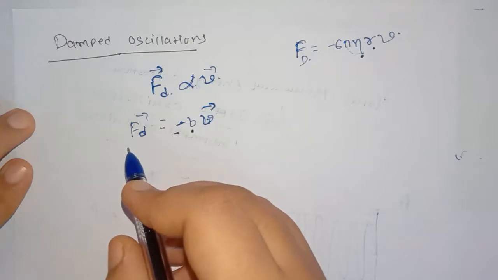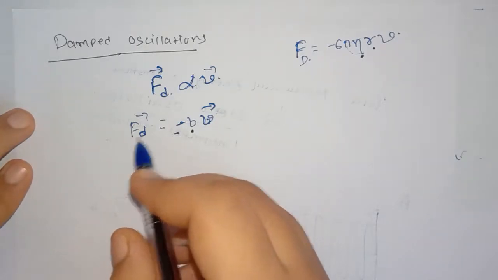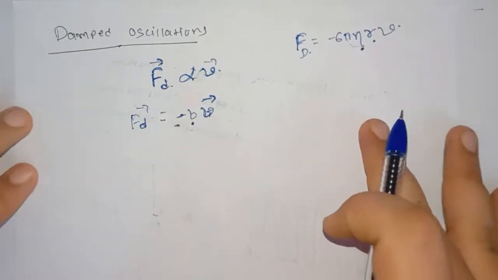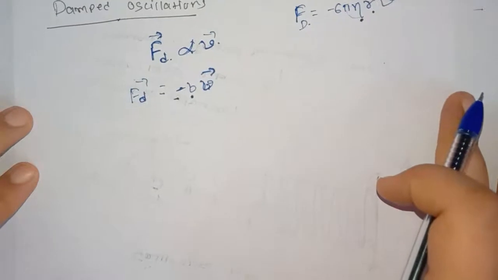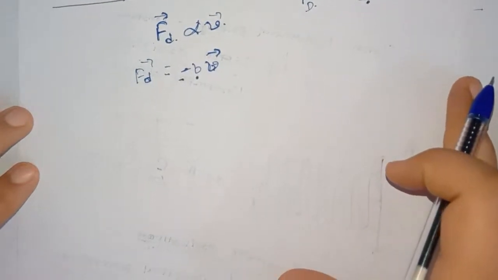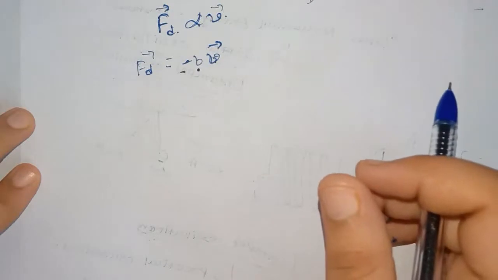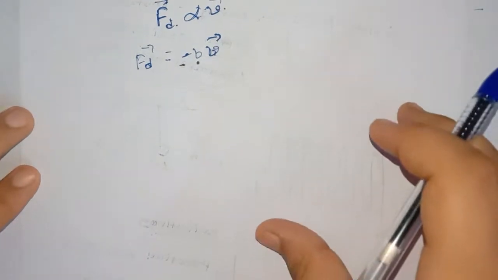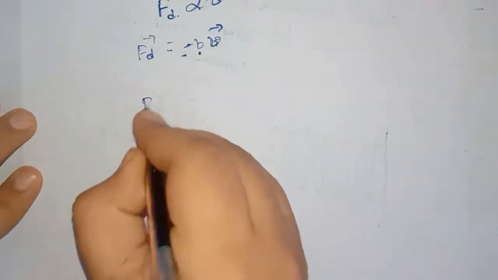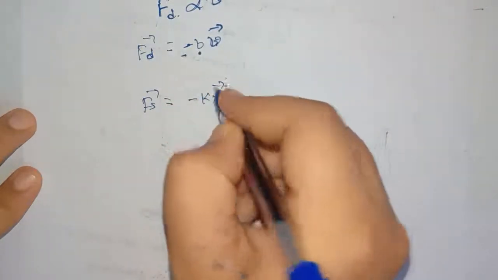Now, when the mass m is attached to a spring and released, the spring elongates a little and the mass settles at a position. This is the equilibrium position of the mass. Now, if the mass is pulled down or pushed up a little, the restoring force will act, and that restoring force will be equal to minus kx.